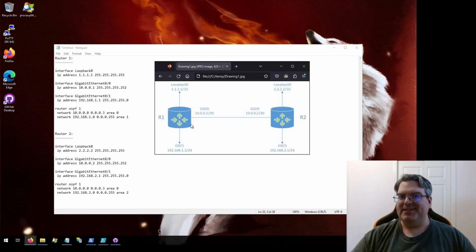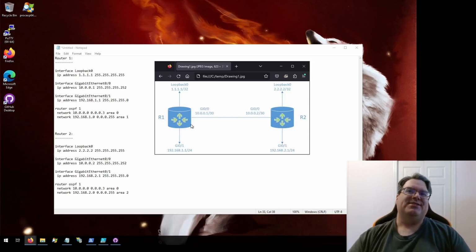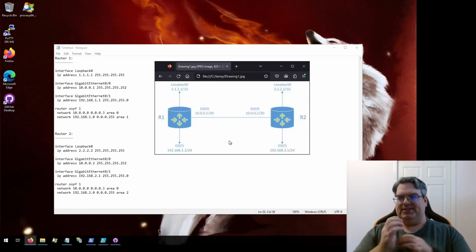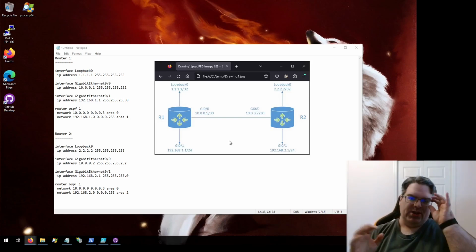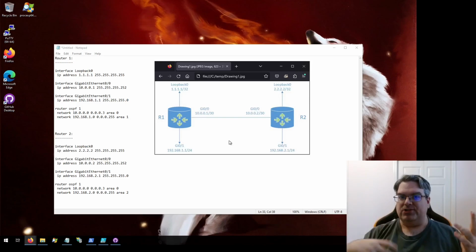And that may not have been something that you had planned for or wanted to have to deal with. So it's preferred if you have something that is immutable, something that's not going to change regardless of what other configuration changes on the router.